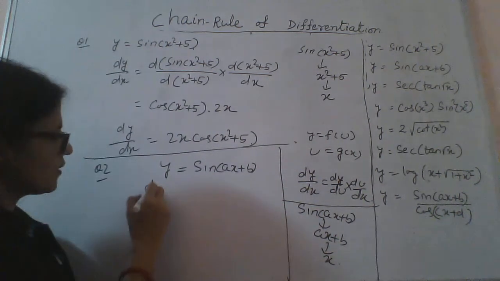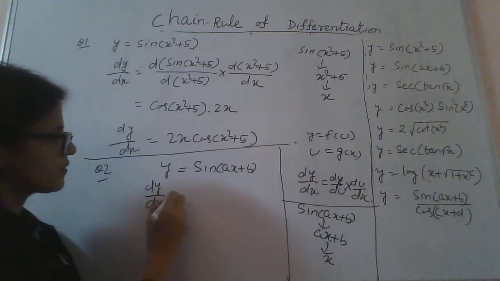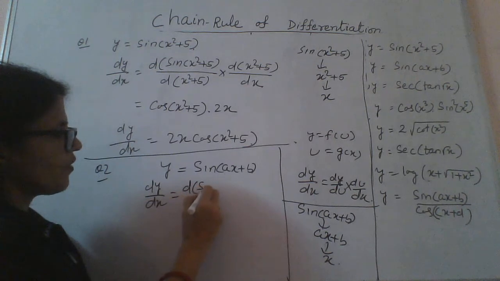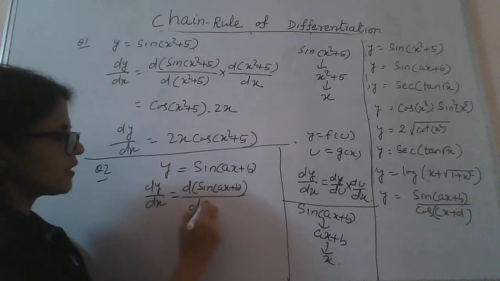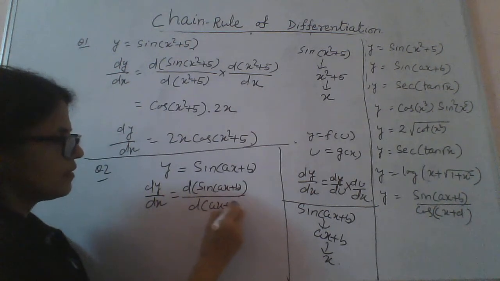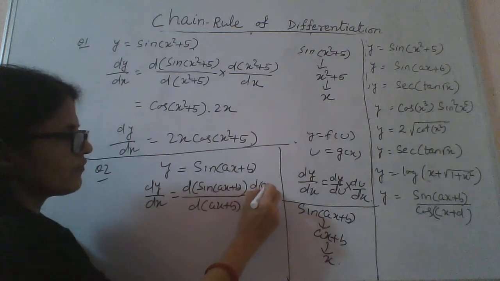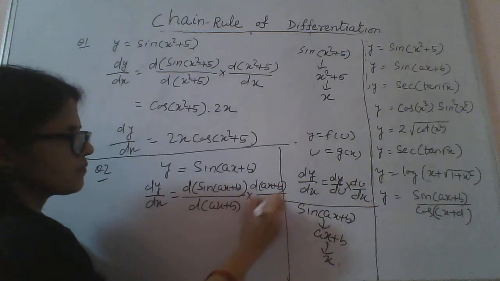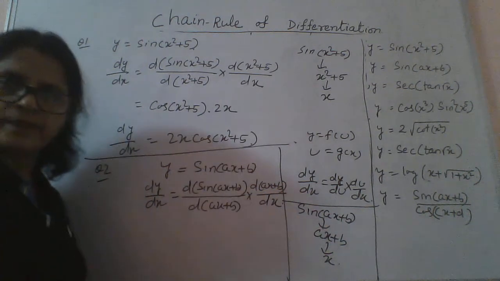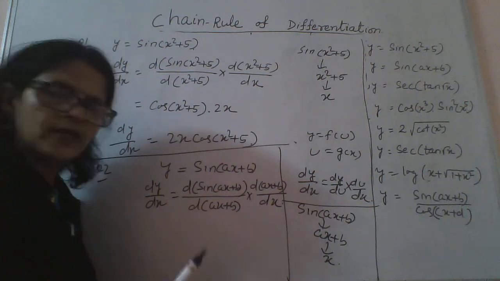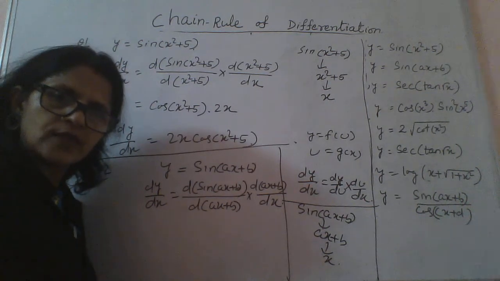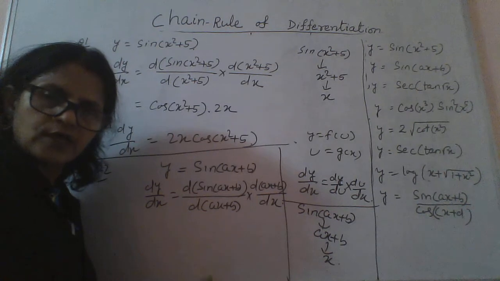So you are getting dy by dx. It is the derivative of sin(ax plus b) with respect to ax plus b, into the derivative of ax plus b with respect to x. Now, whenever we say sin theta, with respect to theta the derivative d by d theta of sin theta is cos theta, and d by dt of sin t is cos t.